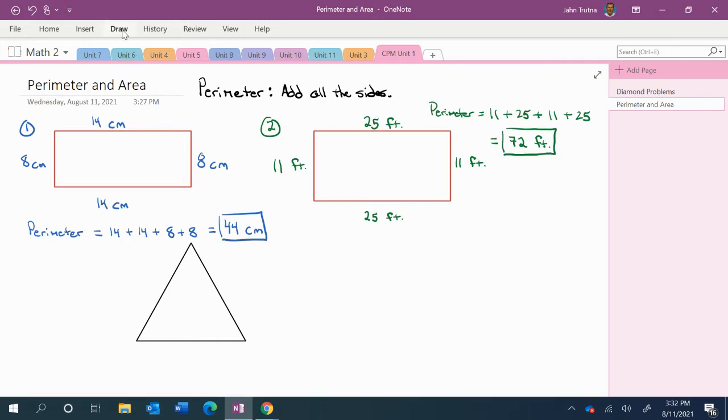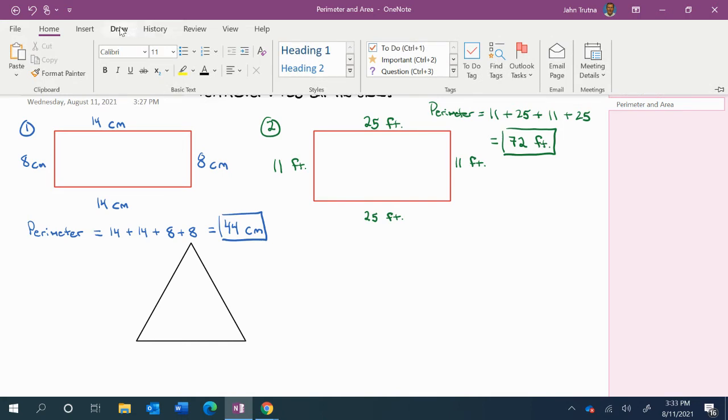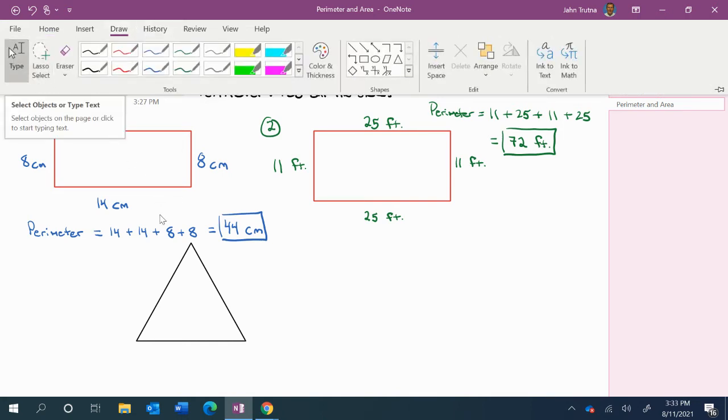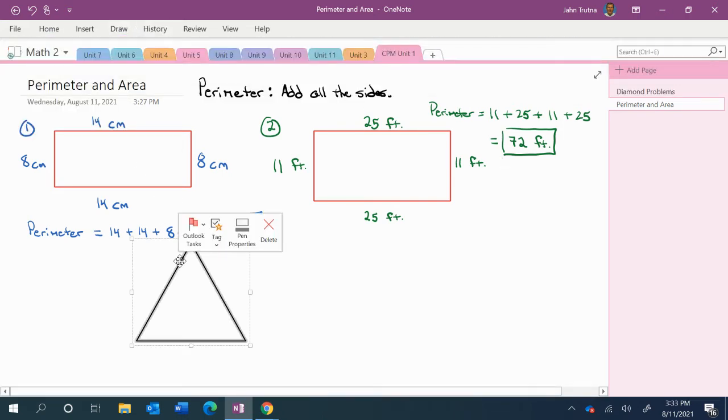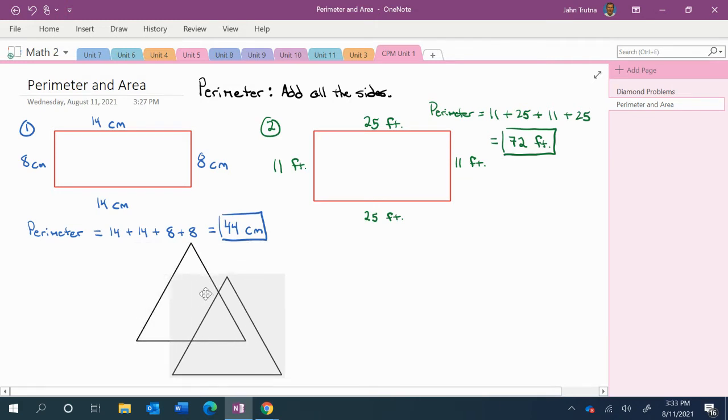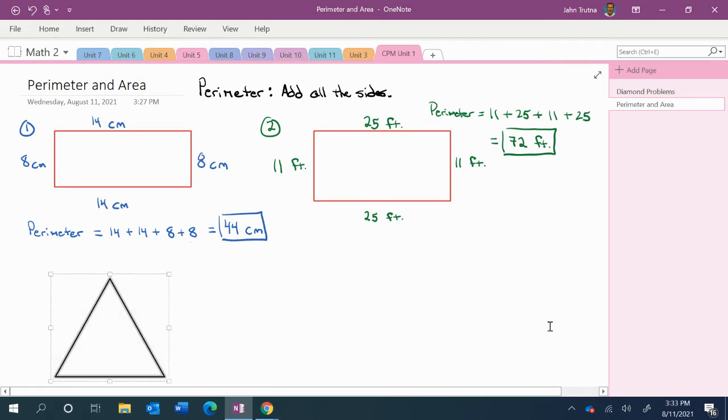Okay, now let's skip down here to number three. And in number three, what I'm going to do is I'm going to give you some marks about number three. I'm just going to take this picture and drag it down a little bit just so it's a little bit more out of the way.